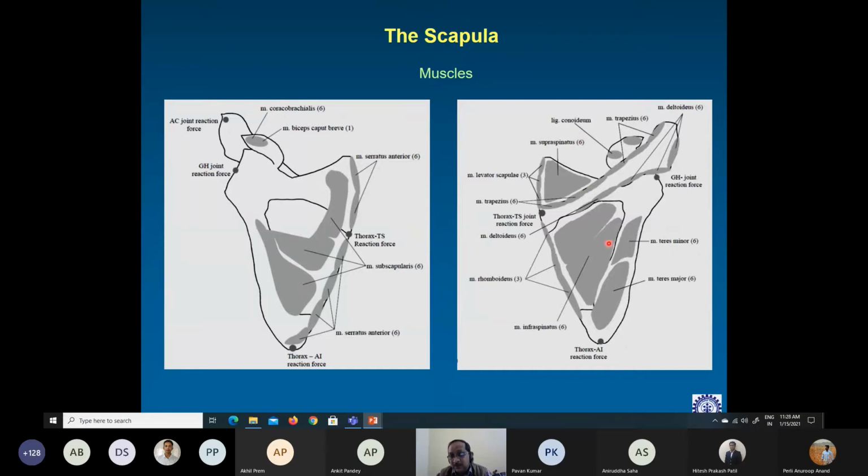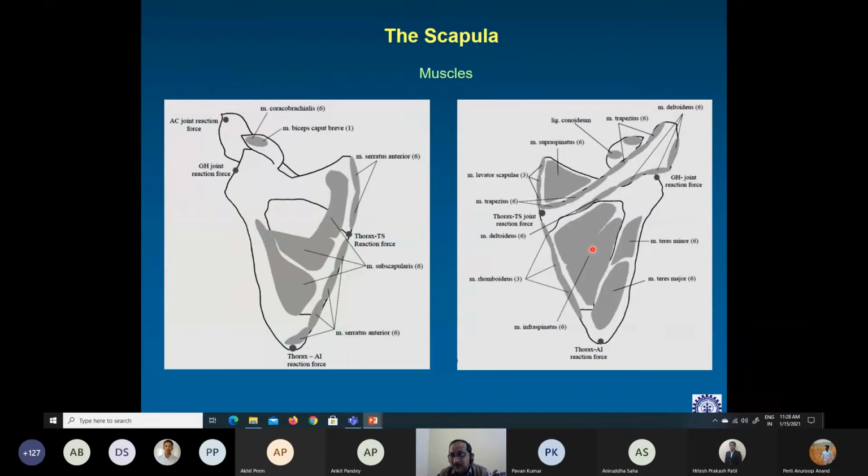On the lower side, which is an even larger area of attachment site, we have muscle infraspinatus. So supraspinatus is attached to the supraspinous fossa, infraspinatus attached to the infraspinous fossa, almost nearly the whole fossa area. So this is from the back side.